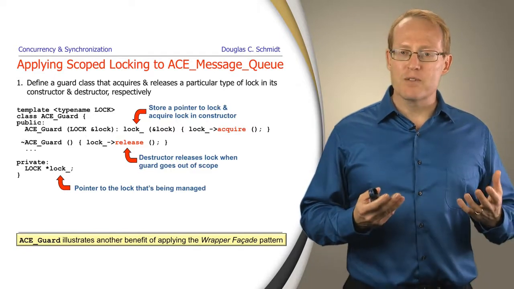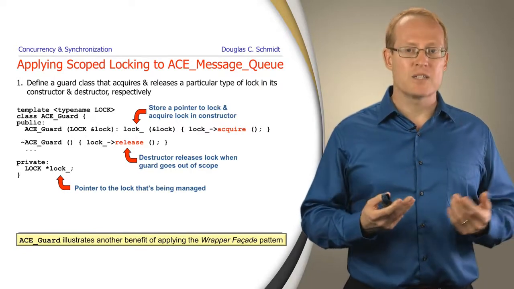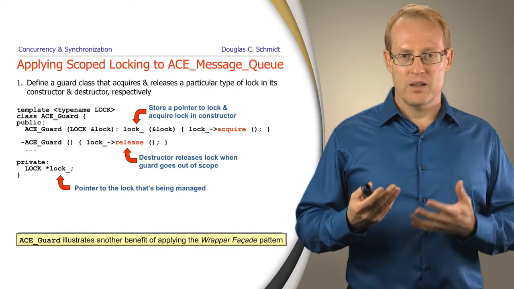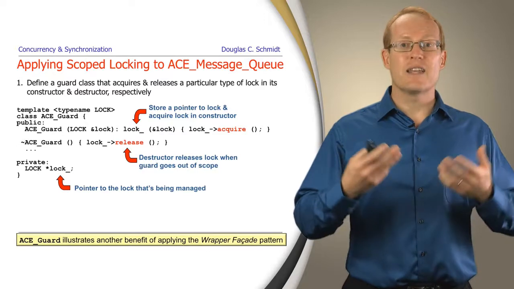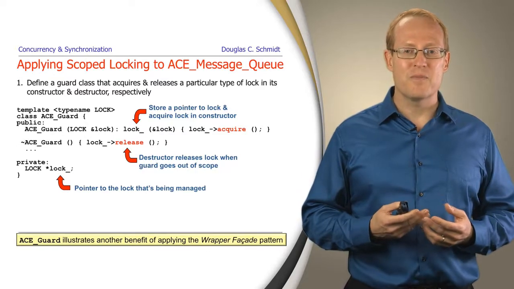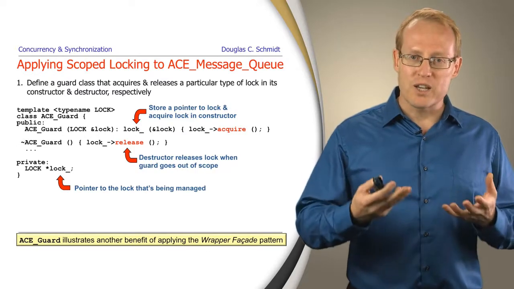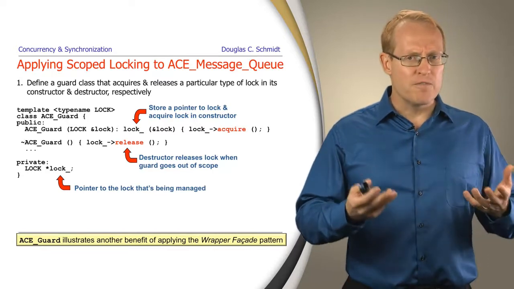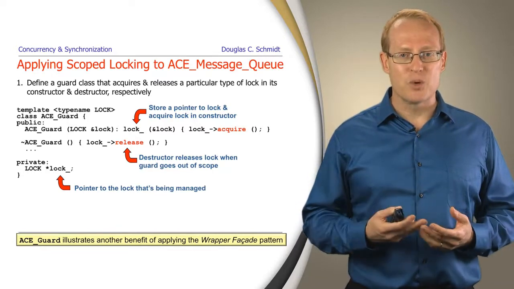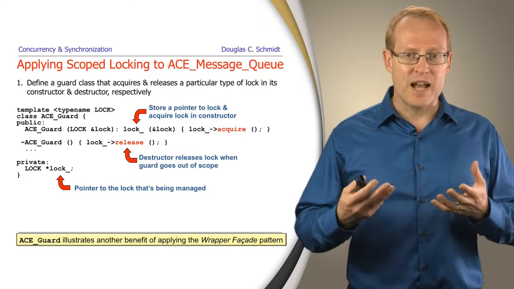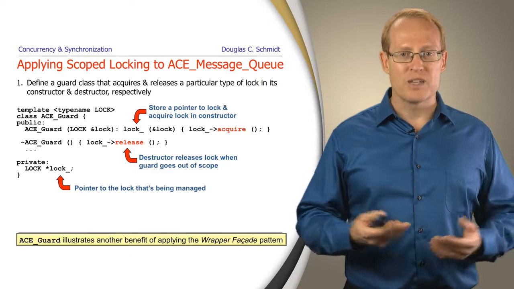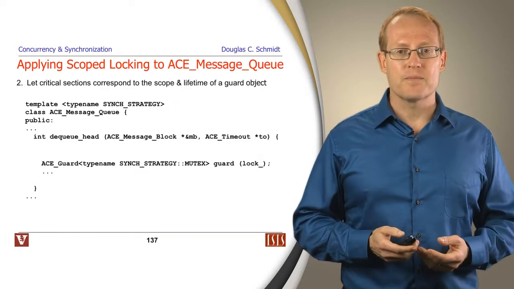So all we have to do to use all these different mechanisms is create a parameterized guard class, which is a helper class that implements the scoped locking pattern, and then we can parameterize it with a particular type of the wrapper facade. If you were just using functions, it would be much more complicated to work this way. So once again, wrapper facades provide building blocks for more powerful composition and capabilities with object-oriented designs.